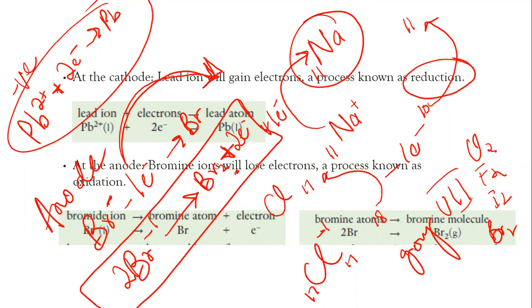At the anode, always, it is oxidation. At the cathode, you will write down plus electrons with your ions, on the same side. On the anode, you will always write down plus electrons on the other side, away from the ion. Wherever your atom is, you will write it down over there.